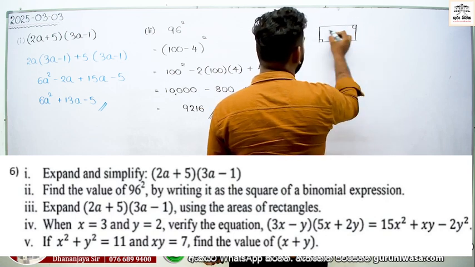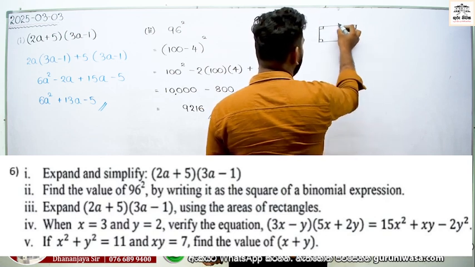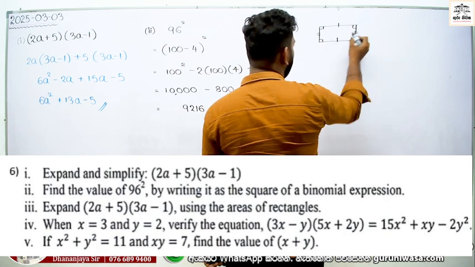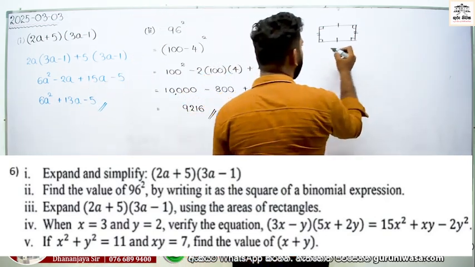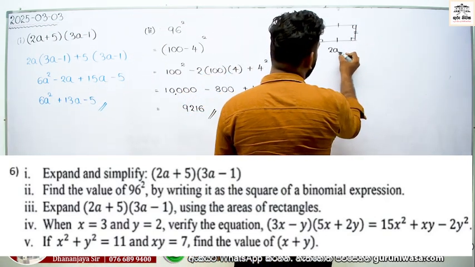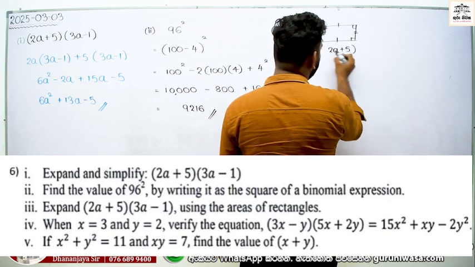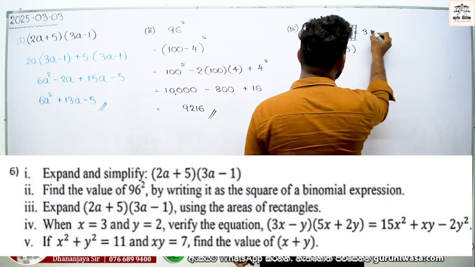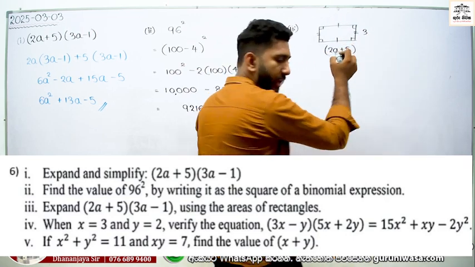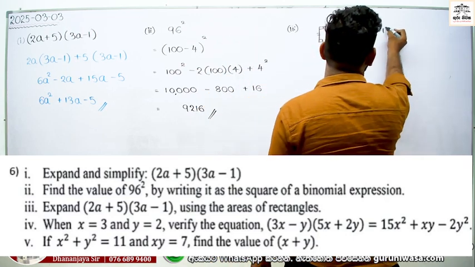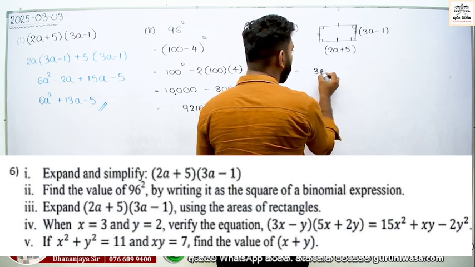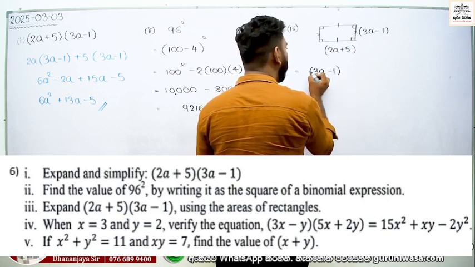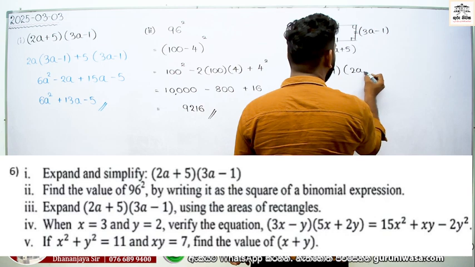Which is the greatest one? 2a plus 5 and 3a minus 1. Now what to do? We have to multiply 3a minus 1 into 2a plus 5.